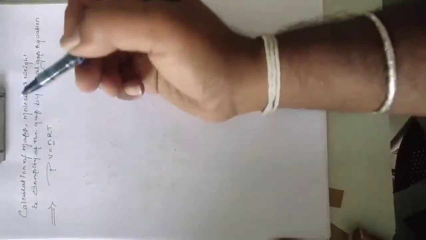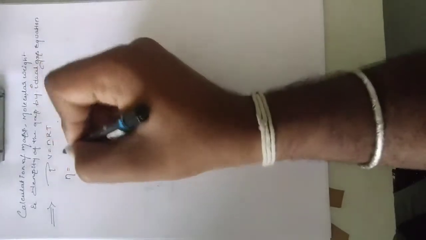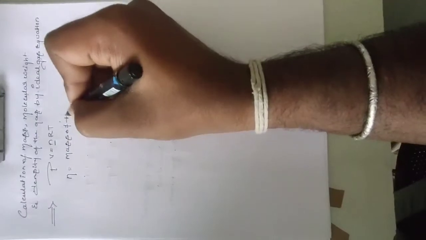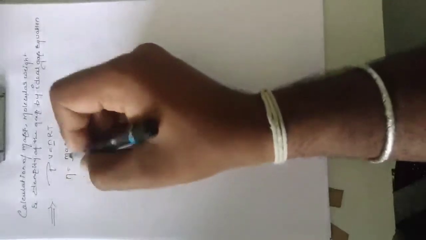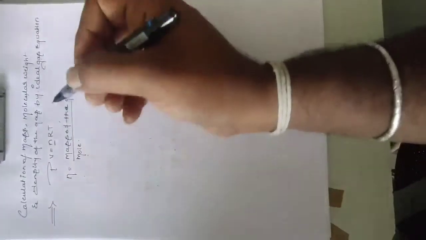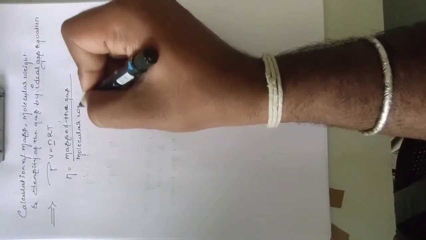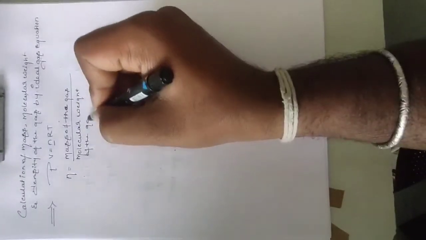Here n, I already told you, is the number of molecules. We take small n equals mass of the gas divided by molecular weight of the gas.